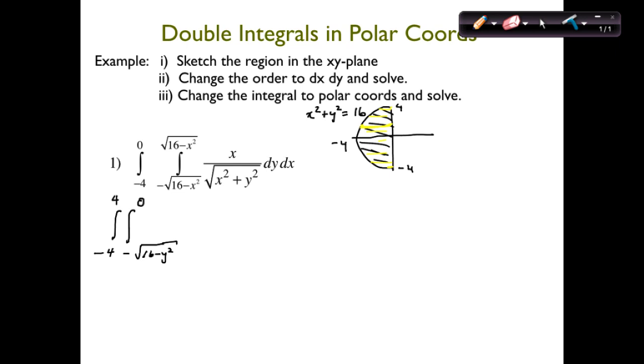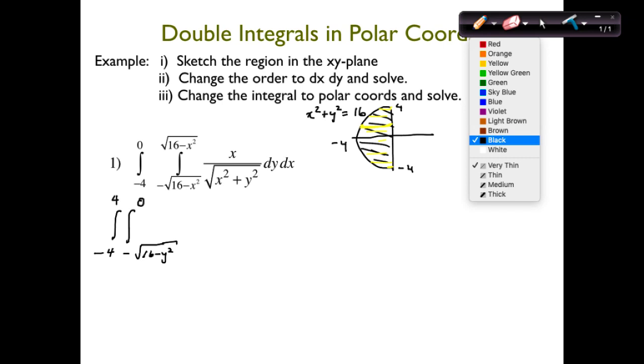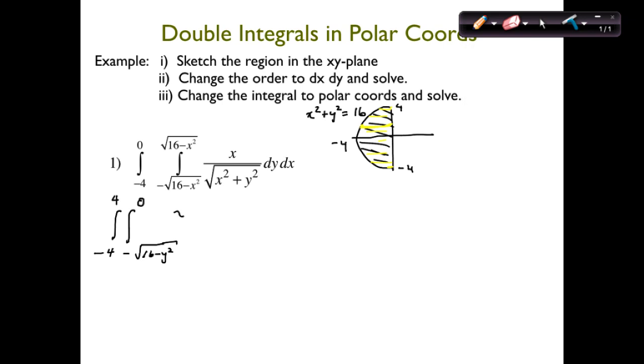Notice I made those new limits based on the picture. I wasn't looking at the old limits. I made a good picture, and then based on my picture, I created the new limits. Okay, and so our function's the same, but now we're at dx dy. Questions on the sketch or number 2? Type 2 double integral. Does it make sense?